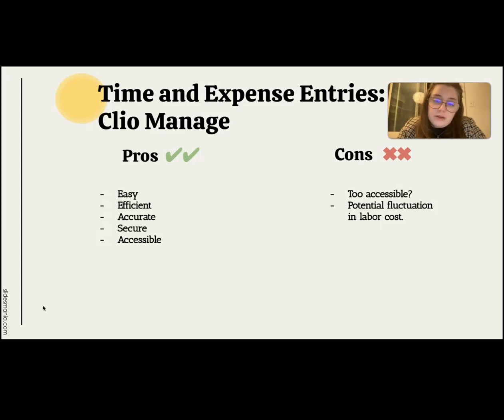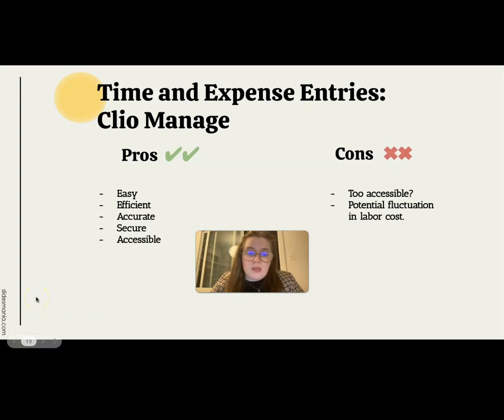People setting their own billing rates might become problematic. Setting their own expense entries might become problematic. So it's definitely something to watch out for. New Clio users in the office may have to gain the trust of office administrators before they are allowed access to the Clio billing process.